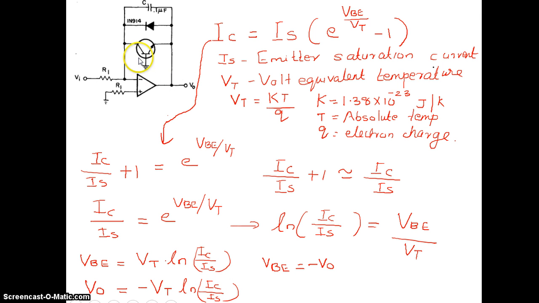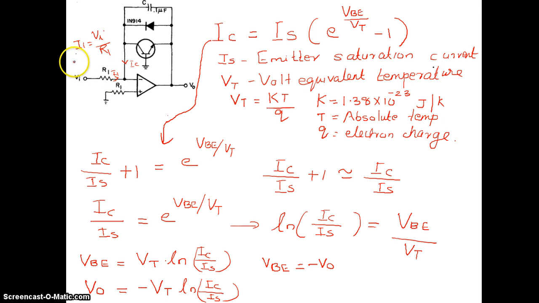Now what is IC? IC is the collector current. Say the current through the input resistor is I1. I1 is VI divided by R1. Now there is no current flowing into the operational amplifier's inverting terminal, so I1 should be equal to IC.